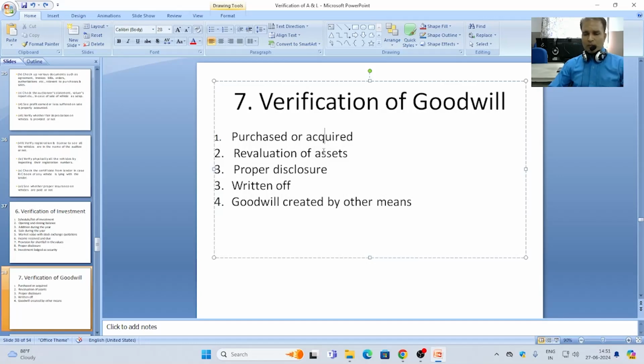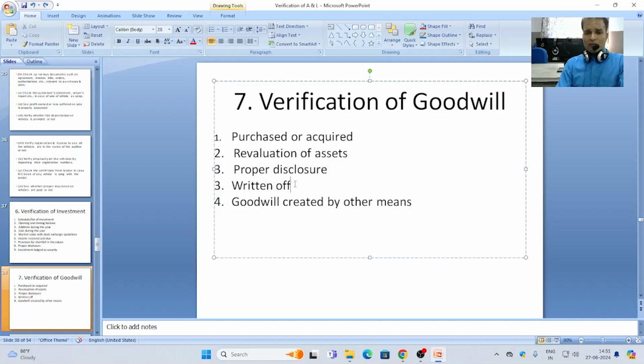It should also be checked by the auditor that if goodwill is created by the revaluation of assets, then proper accounting treatment should be given to the goodwill value. Auditor should see that goodwill is properly disclosed in the books of accounts by the client business.